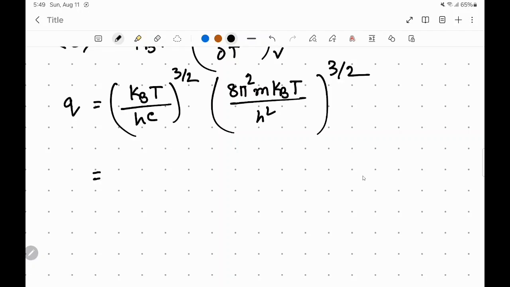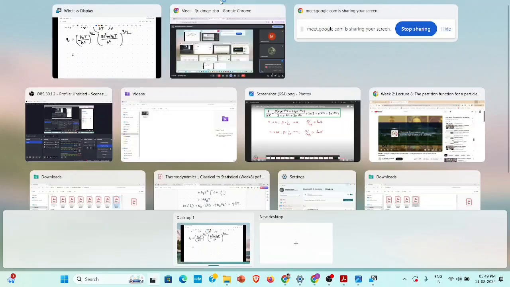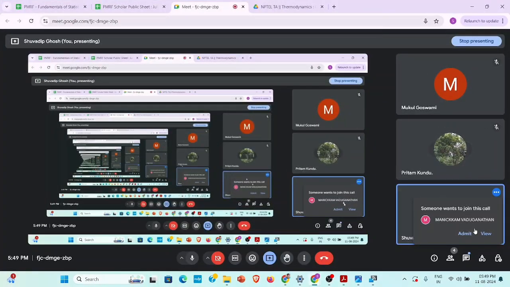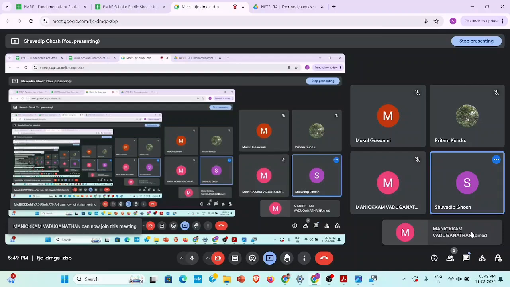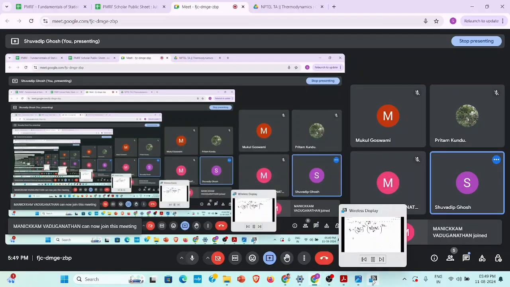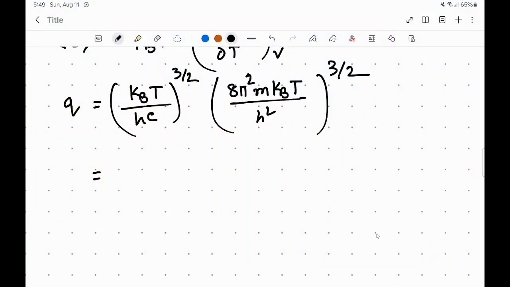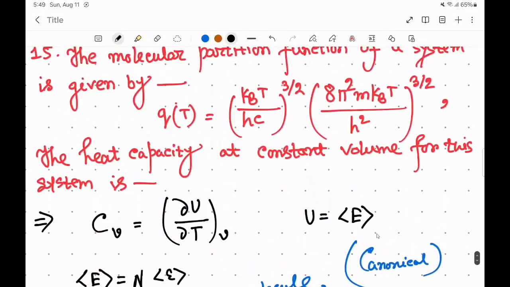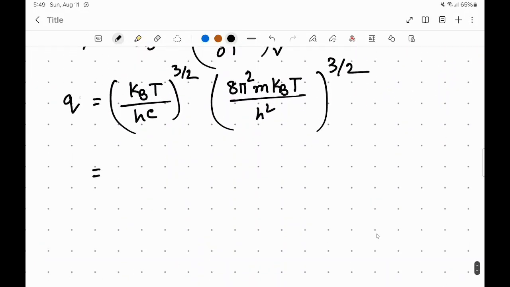Here, this part is coming from the translational part, but this other part is not from the translational part. It is just a function of temperature, so you can bring the temperature out. So it's T cubed, though not the correct expression for the partition function. Why?